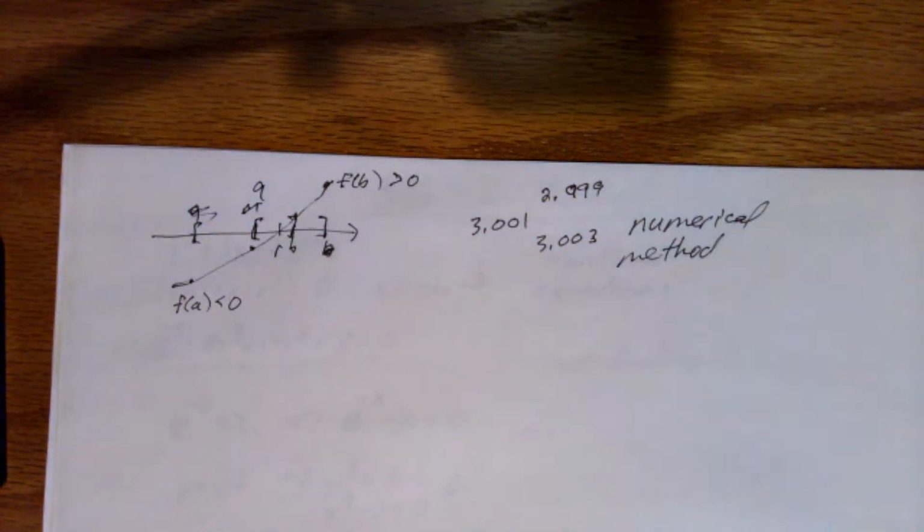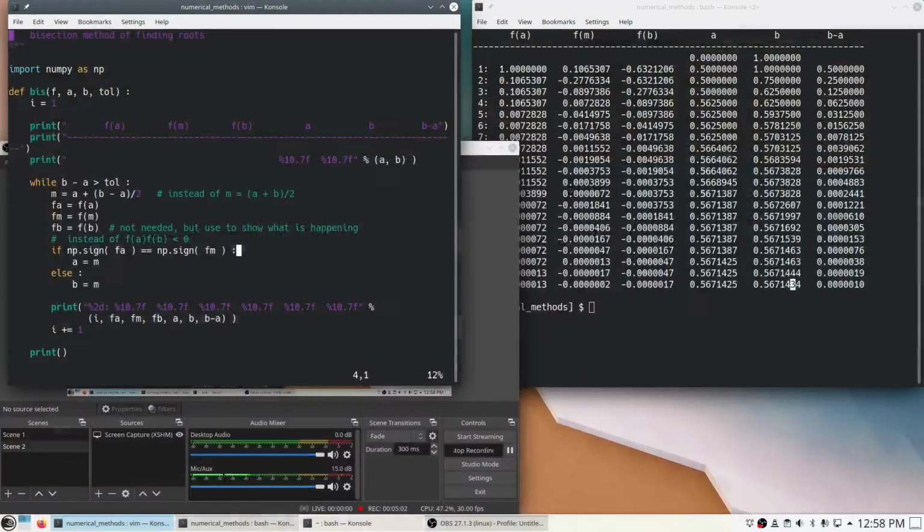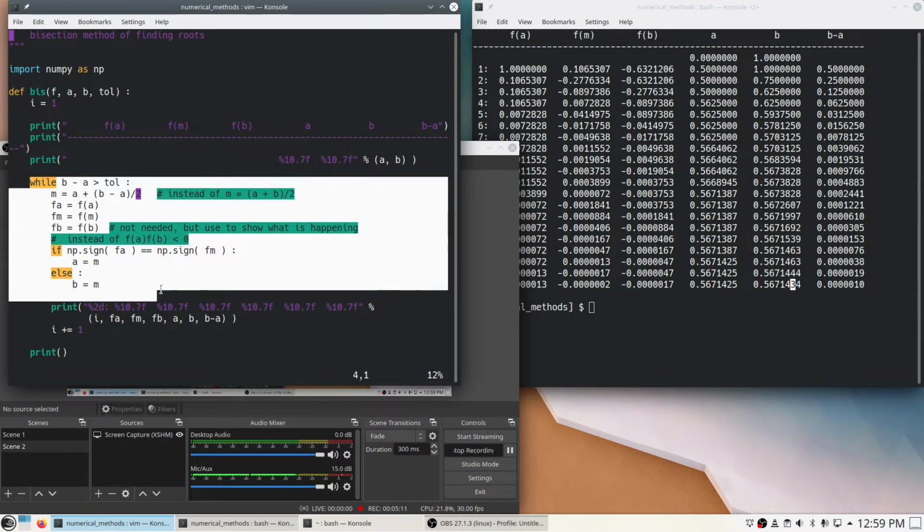So let's look at a Python program that I wrote that will solve this for us. So here's Python. I'm using the NumPy library because it's going to use this sine function down here. But this right here is the actual algorithm.